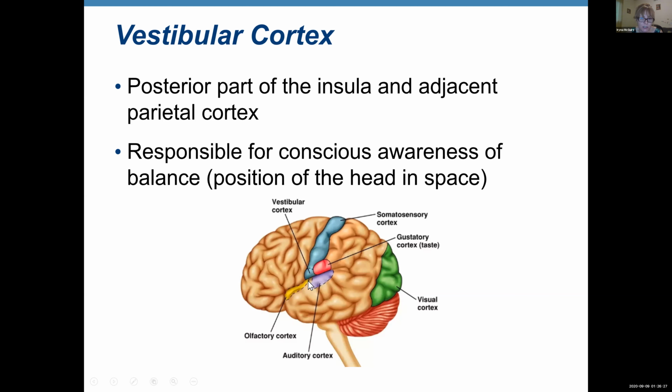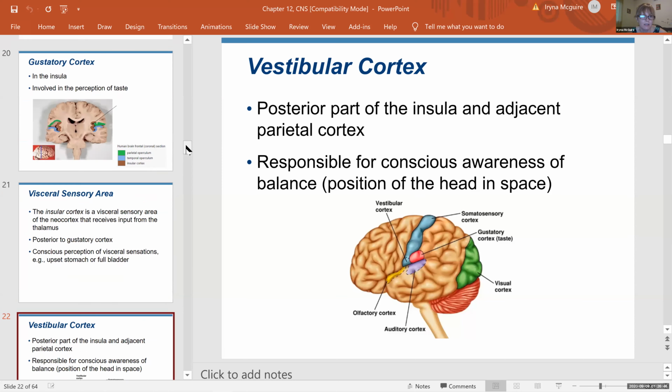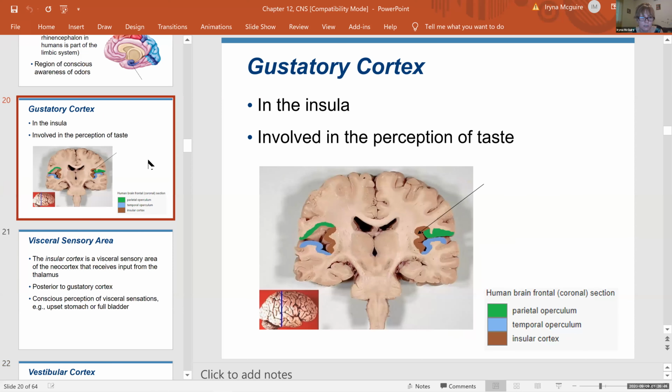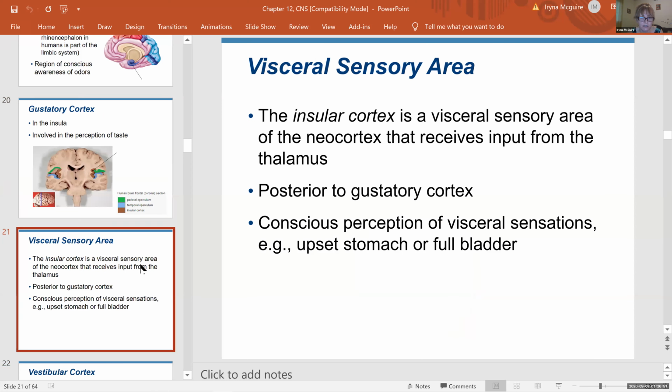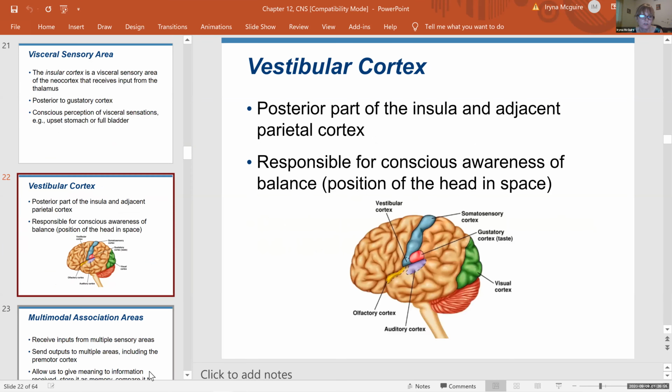It's partially in the insula and partially in the parietal, because that's the frontal lobe, this is the central sulcus, this is the parietal lobe, that's occipital, and this is temporal. So you have three primary cortices associated with the insula. Let's review it again: a gustatory cortex, a visceral sensory cortex, and a vestibular cortex, right?